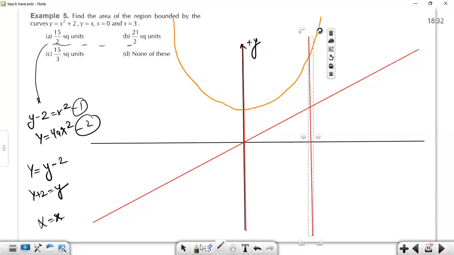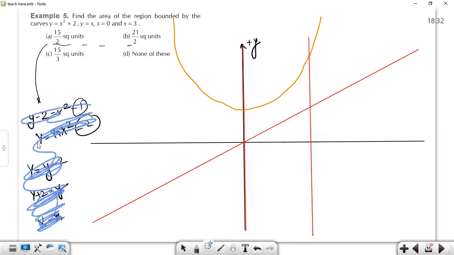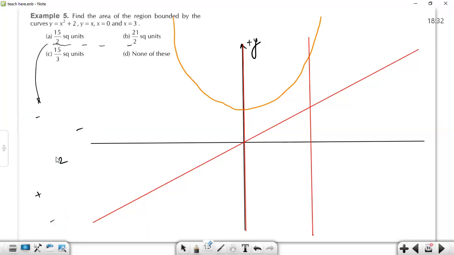Now, we have to discuss whether these two lines are intersecting the curve or not. So we are going to find the intersection points, so that we can better understand. The curve is y is equal to x squared plus 2.